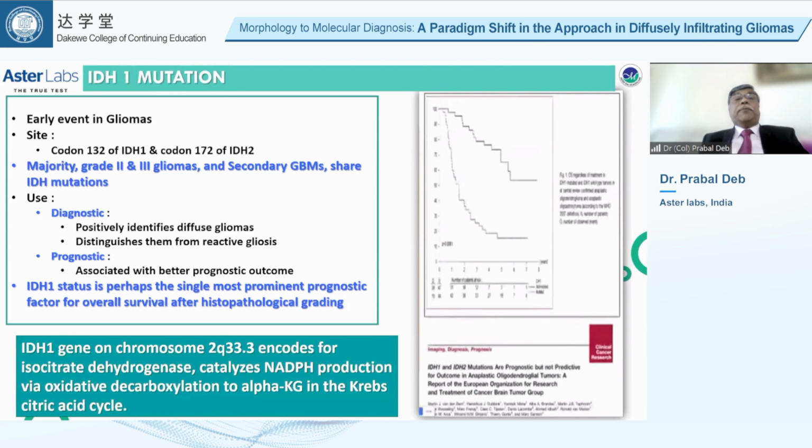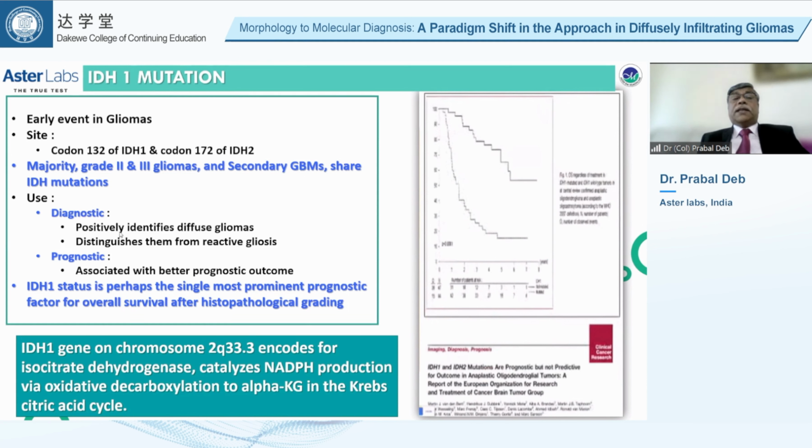Coming to IDH1 mutation, the primary cornerstone of glioma and the entire concepts that we have today. So in IDH1, we have the gene on chromosome 2q33.3, which encodes the isocitrate dehydrogenase pathway. And this is seen in grade 2-3 gliomas and secondary GBMs.